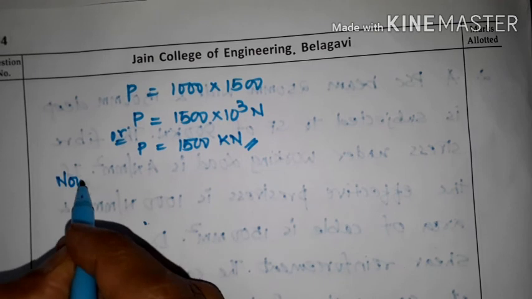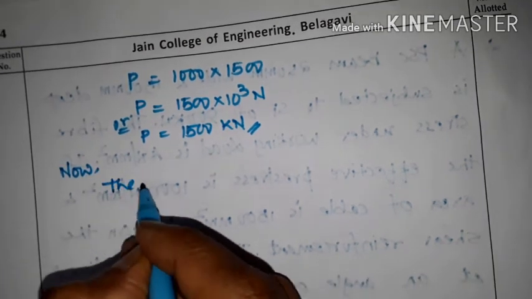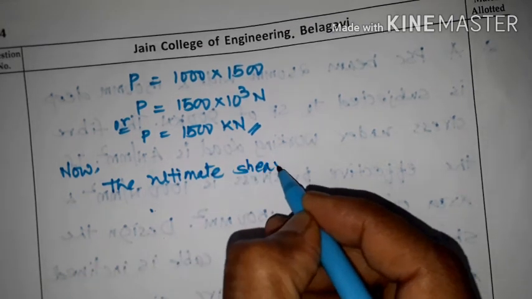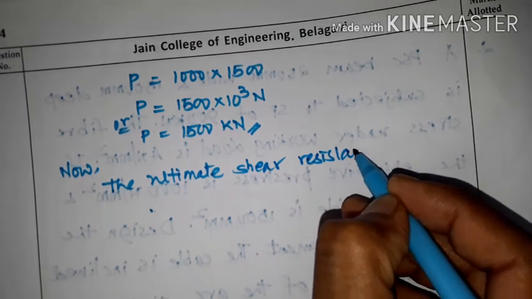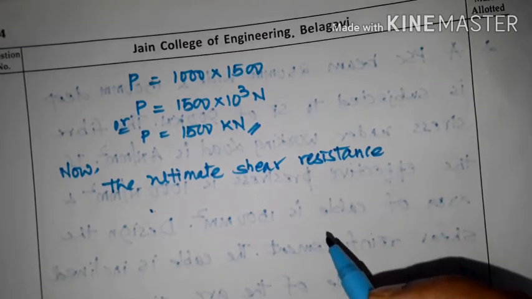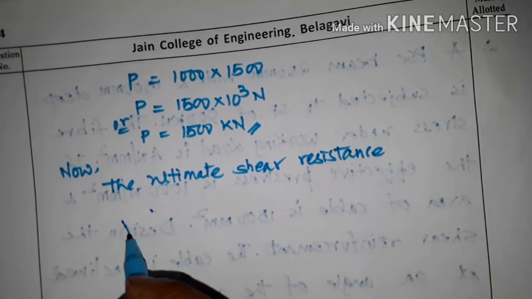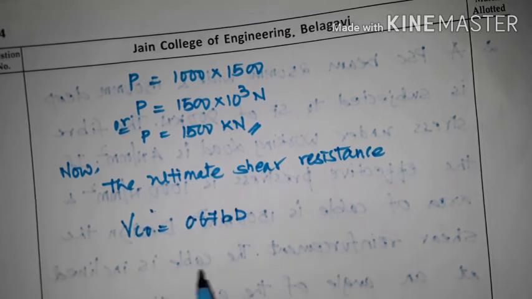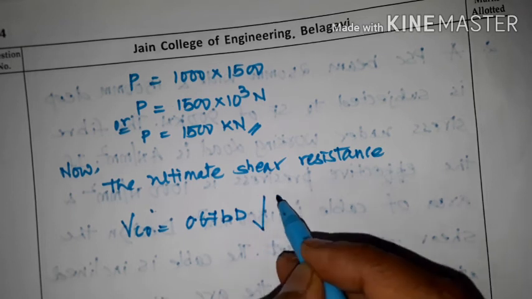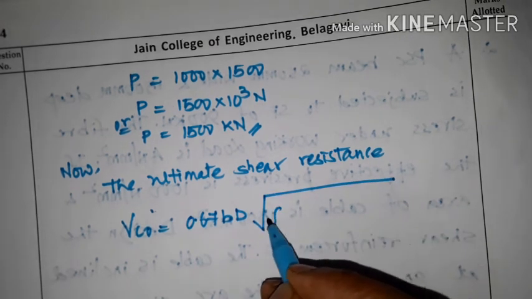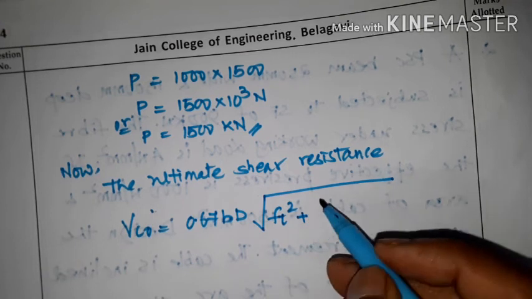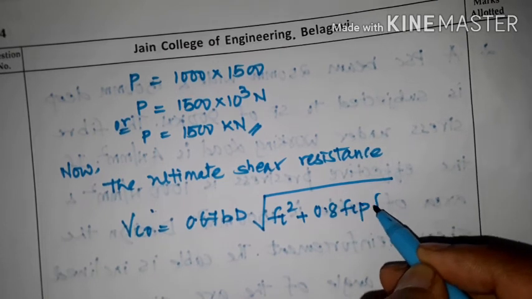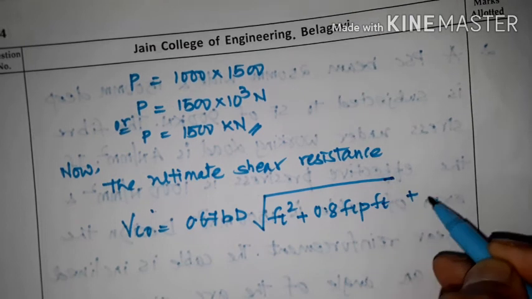So now the ultimate shear resistance VCO is given by 0.67 BD into square root of FT square plus 0.8 FCP into FT, plus P theta.